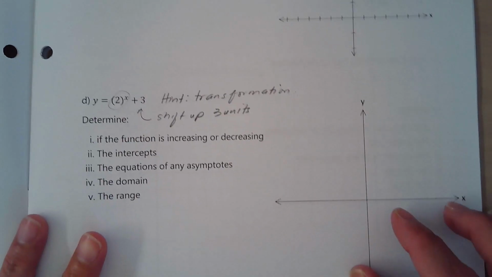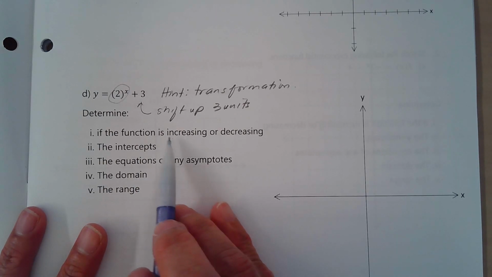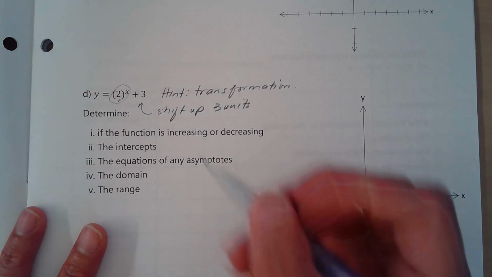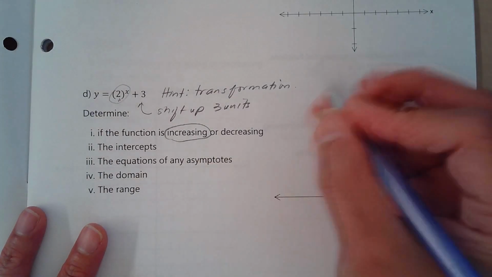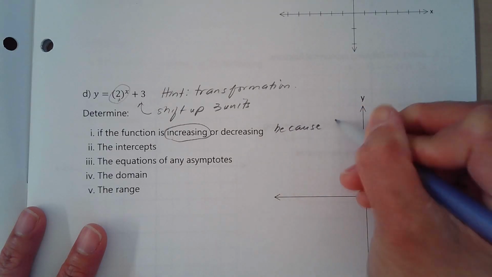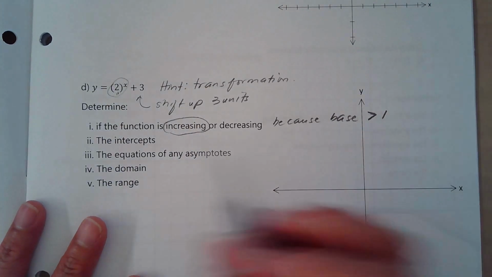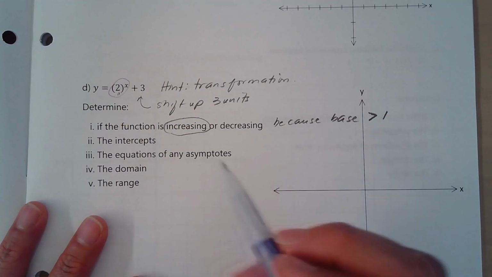Okay, now let's start with this one here. Is the function increasing or decreasing? The base is 2, so it's going to be increasing because base is greater than 1. Now y-intercepts.